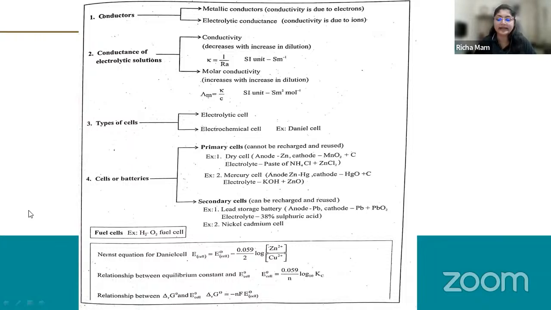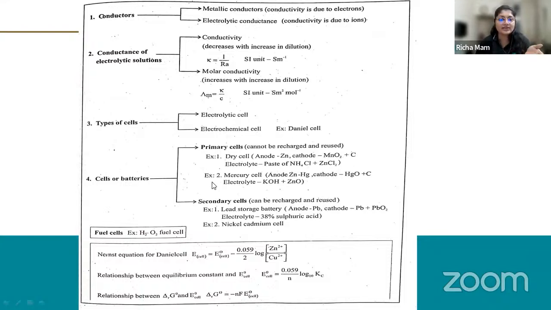We are supplying electricity, right? Electrolysis is nothing but a process of decomposition of an electrolyte when you are applying an electric current. So what is done here in electrolysis?